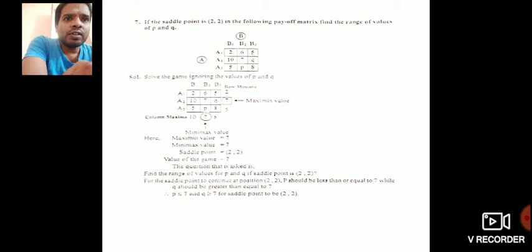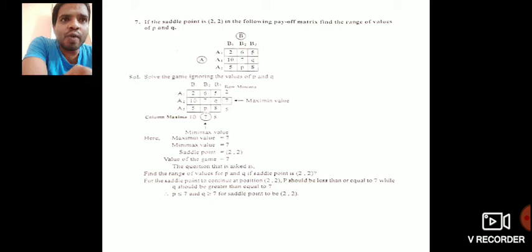Now the last problem, again player A and player B. Here there are 3 strategies for player A, and 3 strategies for player B. The maximin value here we get is 7, and the minimax value we get is 7, both are equal, so the saddle point exists. Now check the intersection point of these two, the maximin value and minimax value, at the cell A2 to B2, which is 7.